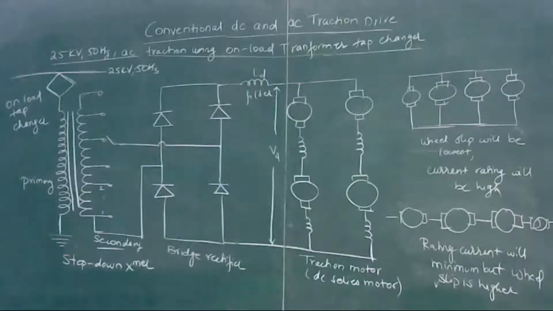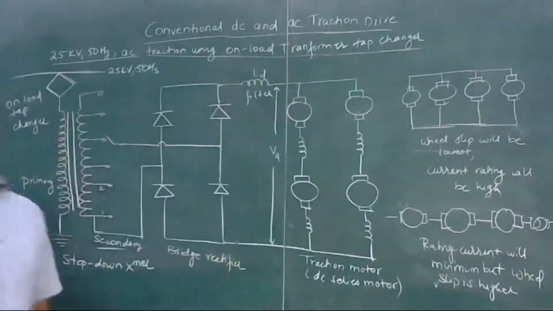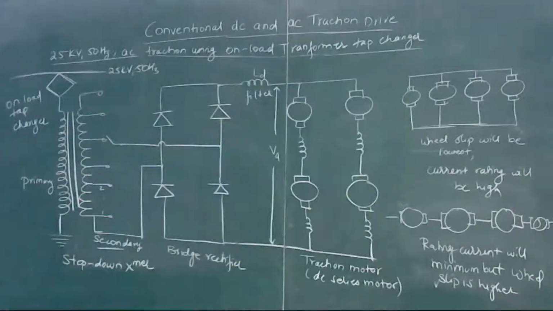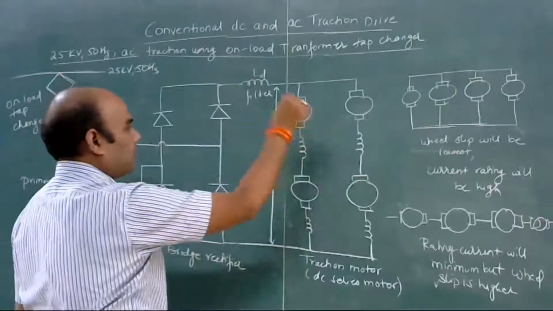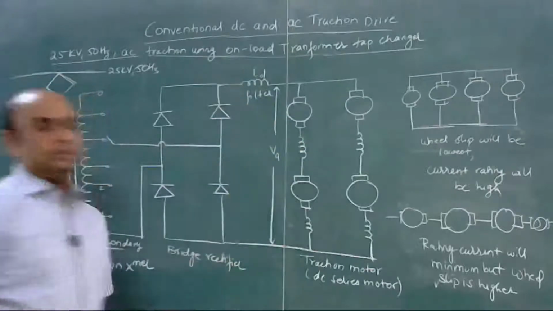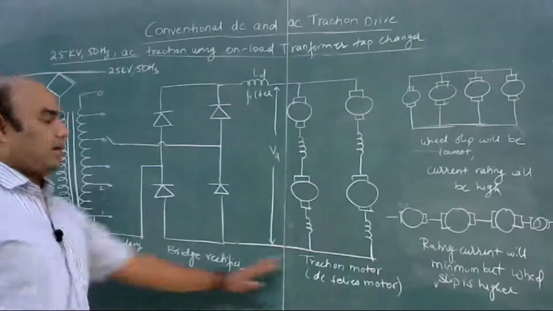So the LD is divided into four sections and connected in series with each motor. If there is any fault, this motor will have a high impedance in the circuit and the motor protection will be simplified.